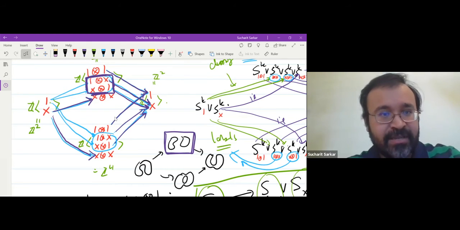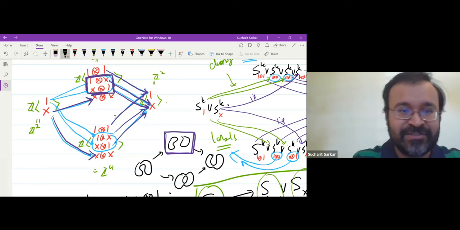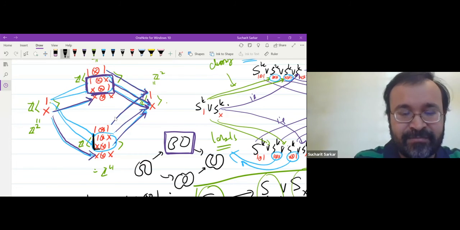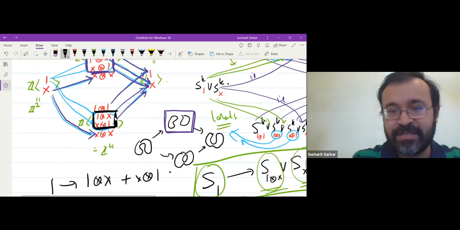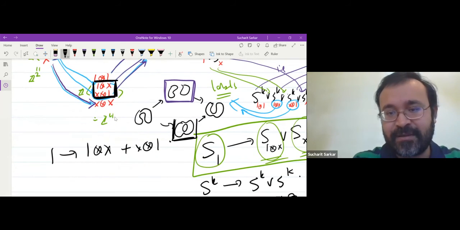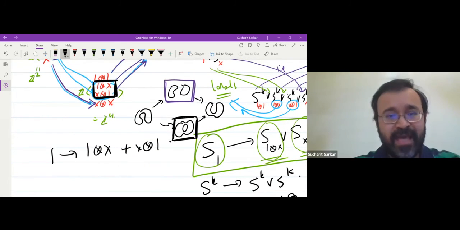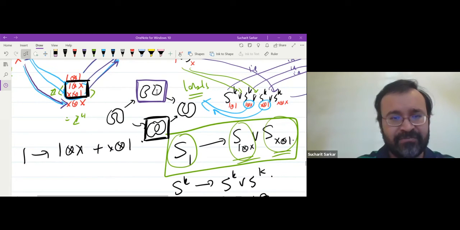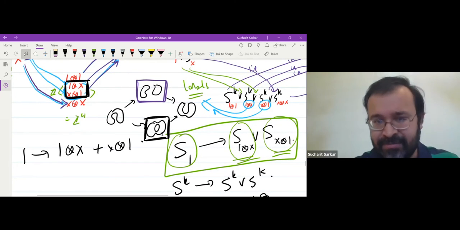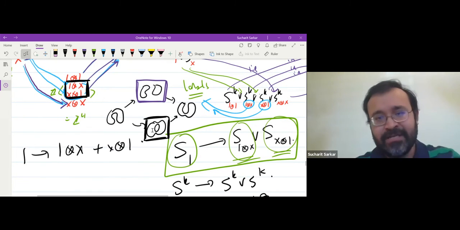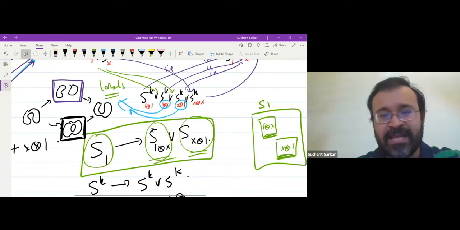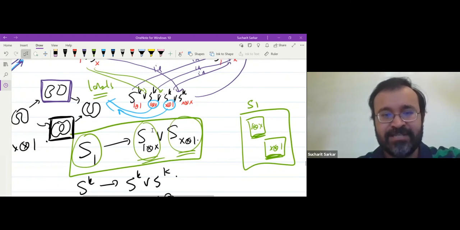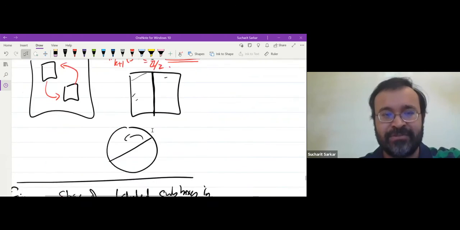On the other hand, if I am going by these boxes, I am choosing these two labels, which are the labelings of these two circles. And the labeling of these circles has nothing to do with the labeling of these circles, right? So I better make sure that they have the same type of labelings, and this is an extra amount of choice. This is extra data that we have to provide.